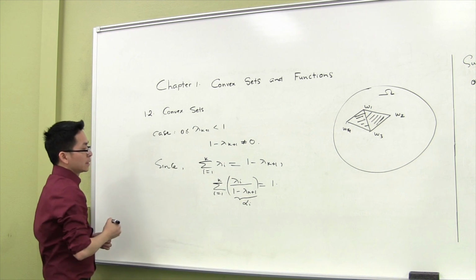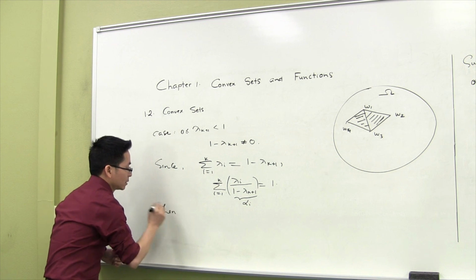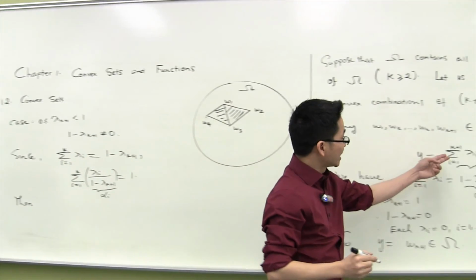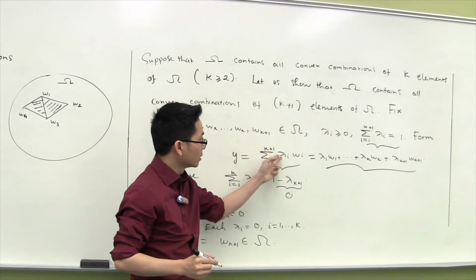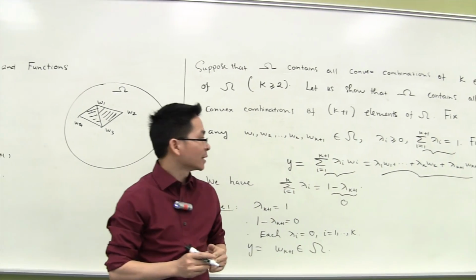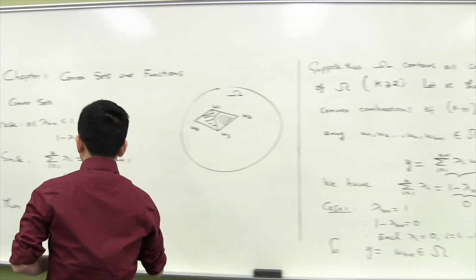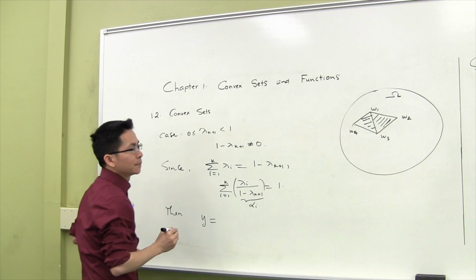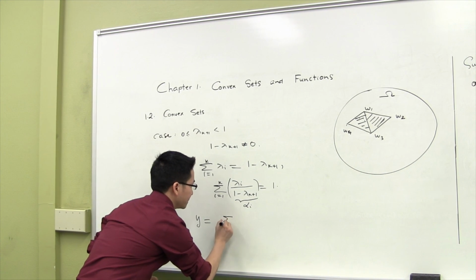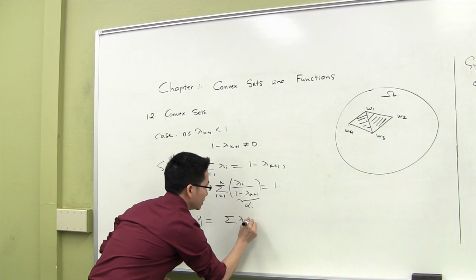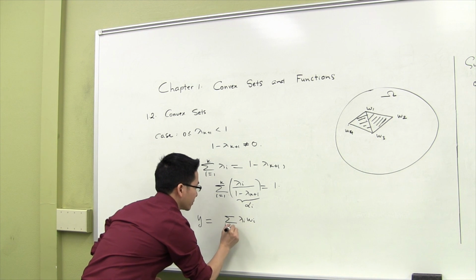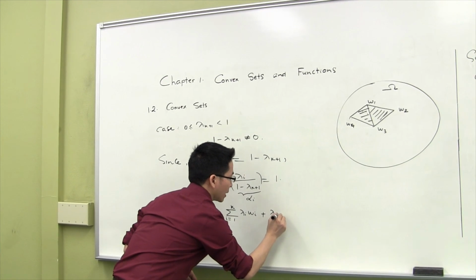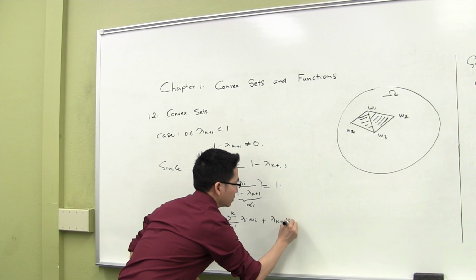And we can denote each element here by alpha i. Then the element y represented by this formula can be written as follows. Then y is equal to the sum of lambda i wi, where i runs from 1 to k, plus lambda k plus 1 times wk plus 1.